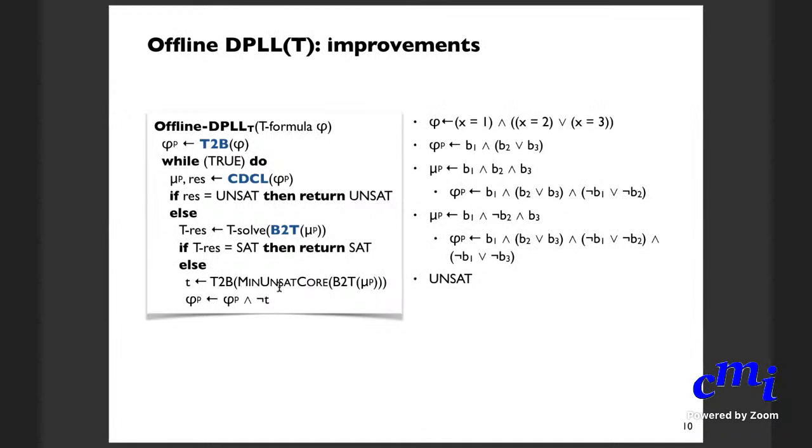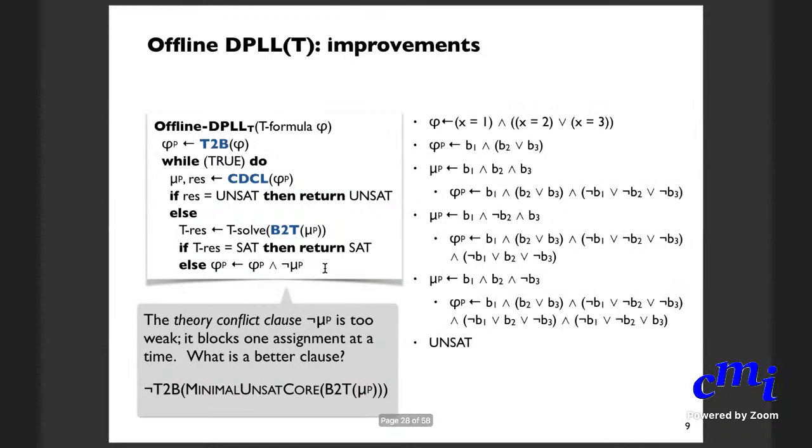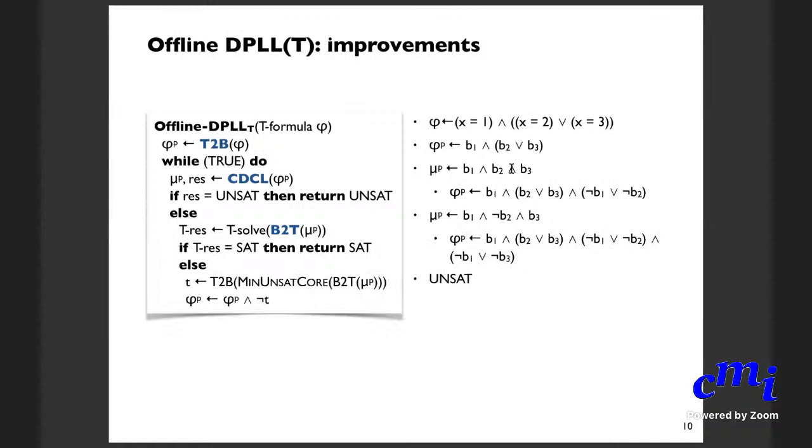You can consult your theory solver after every assignment.